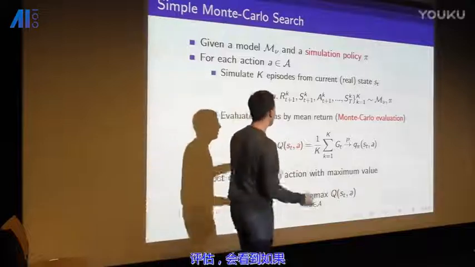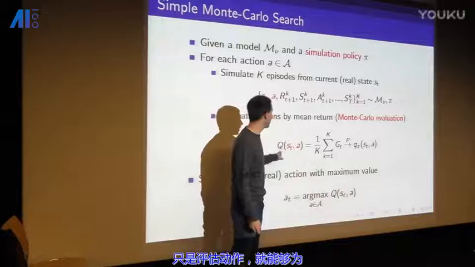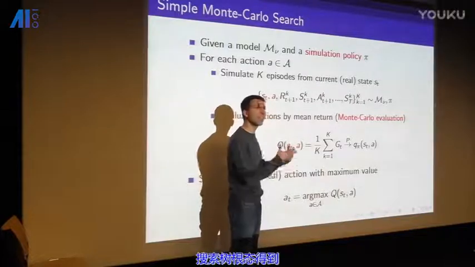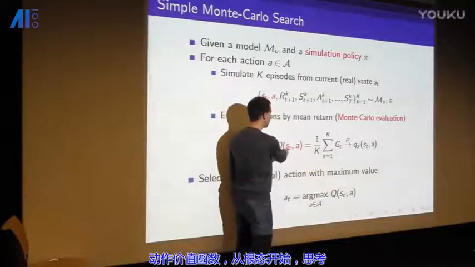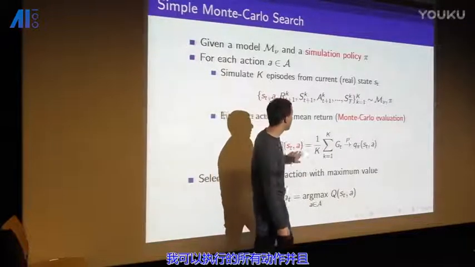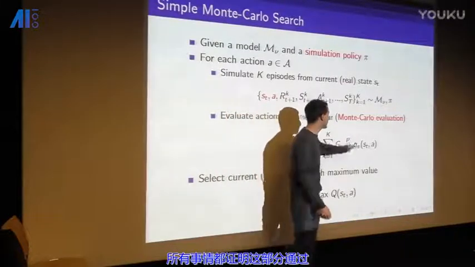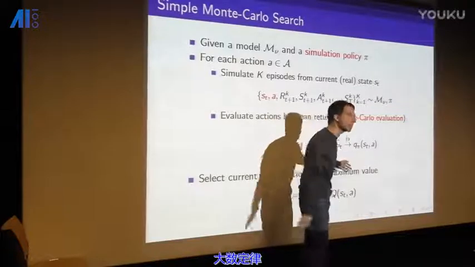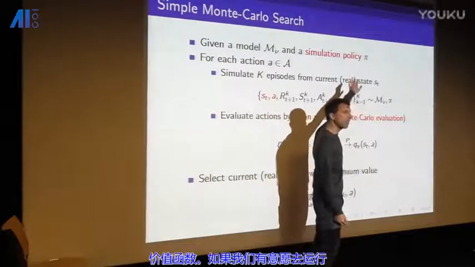We evaluate each of those in turn, and what we see is that if we just evaluate our actions, that gives us an action value function for the root of this search tree, starting from my root, considering all of the actions I could take, and just taking the mean of these returns. That's all we're saying. And all this is saying is that this thing, by the law of large numbers, really does give us the true value function for our simulation policy.